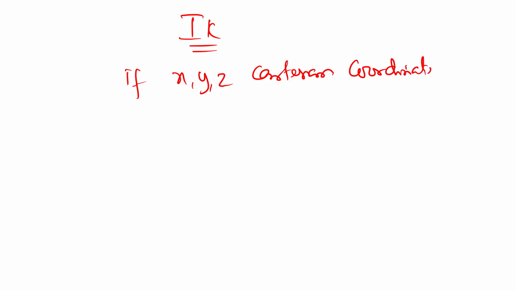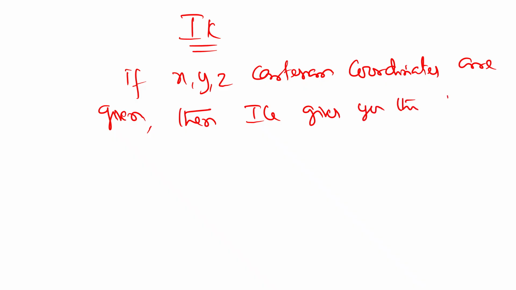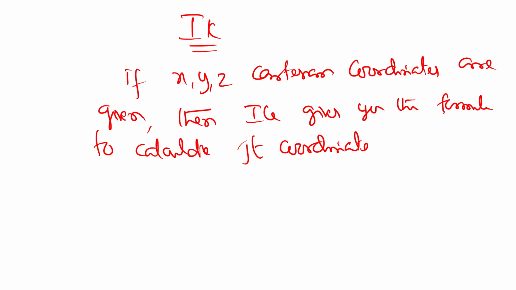Inverse kinematics means if x, y, z, which are Cartesian coordinates, are given, then inverse kinematics gives you the formula to calculate the joint coordinates in a serial manipulator.